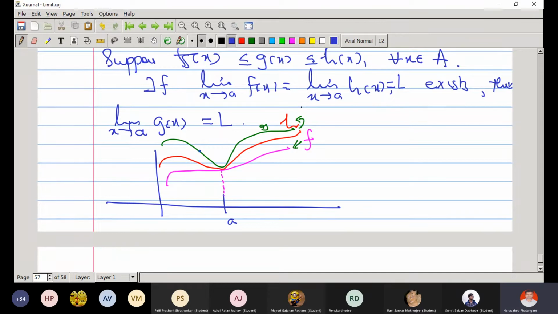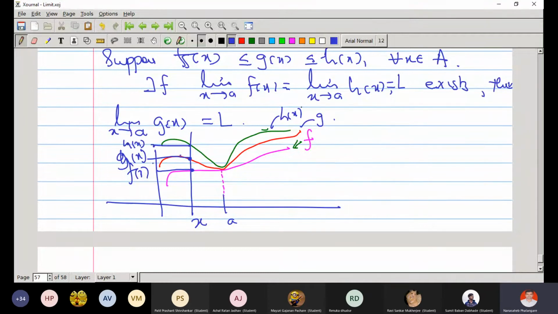So for every x, you look at what is f(x). f(x) is here. What is h(x)? The largest function is h(x). So this is h(x), and this is g. So g(x) is in between f and h at this x.